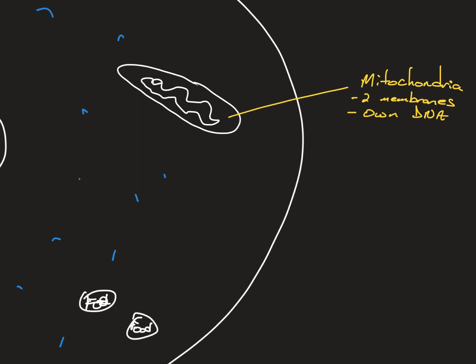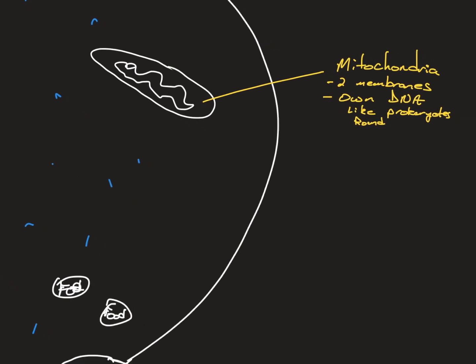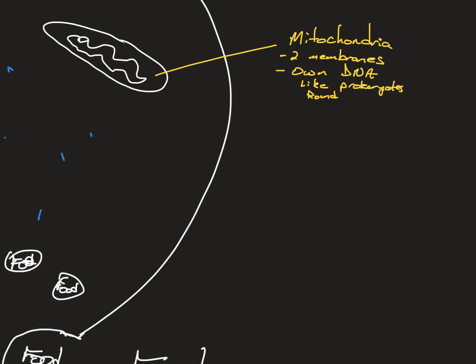And then that mitochondria has DNA that's very much like prokaryotes. What do I mean by that? I mean, they're round. They have all the indicators of a prokaryote, of a bacteria. That's interesting. Isn't that weird? I mean, it's really strange.